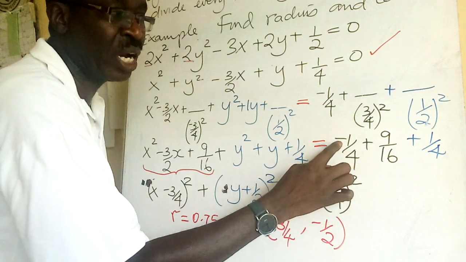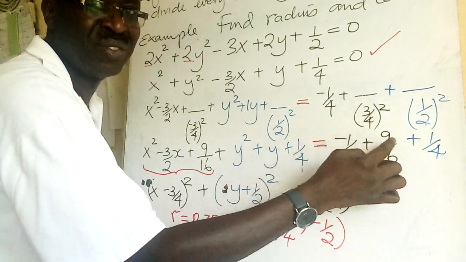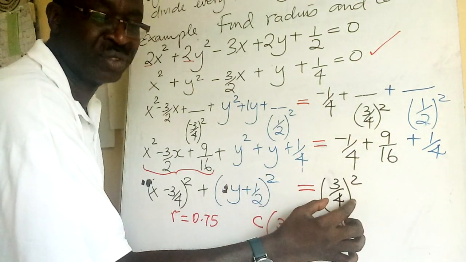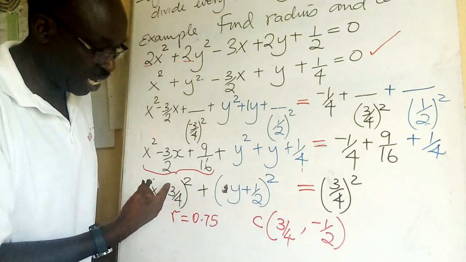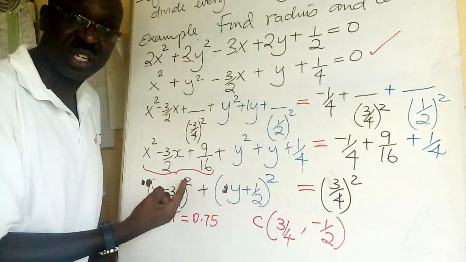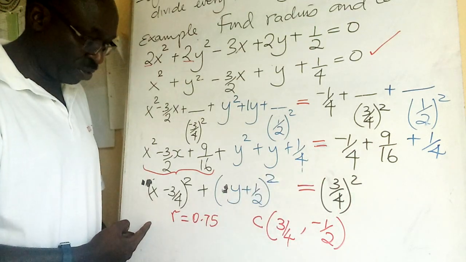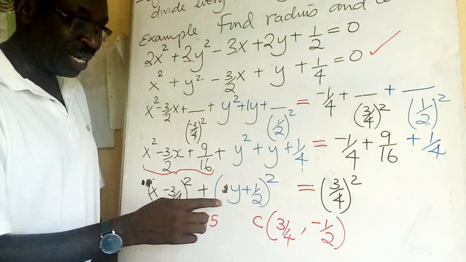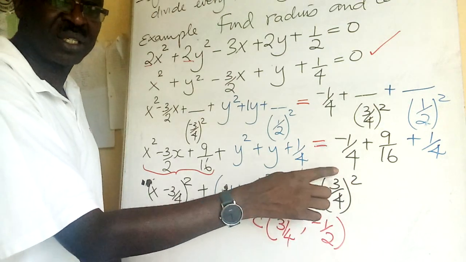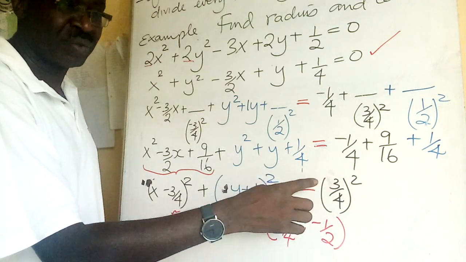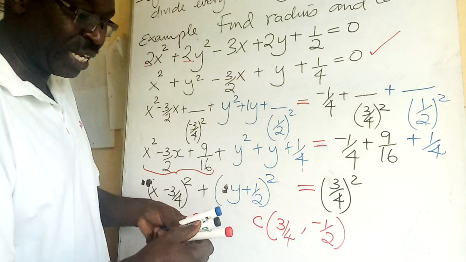This you compute. Negative a quarter and positive a quarter cancel, so I have this. But we write it in the square form. Everything must be in square form. Then we come to the final part. Radius is this.